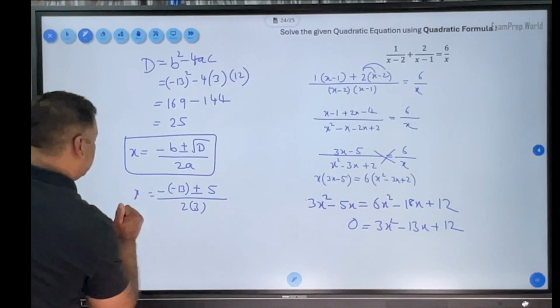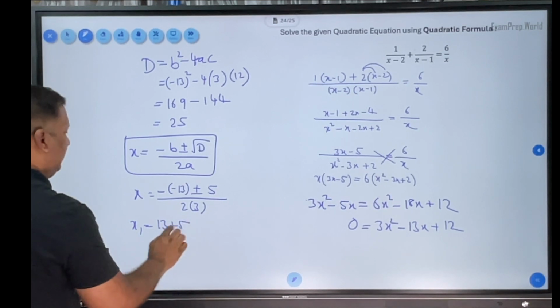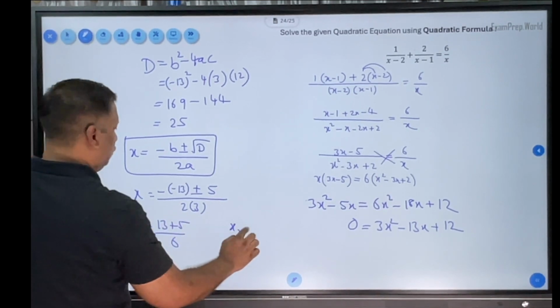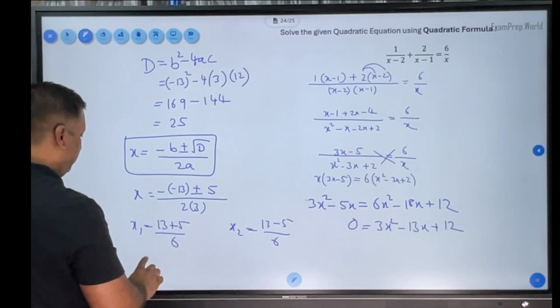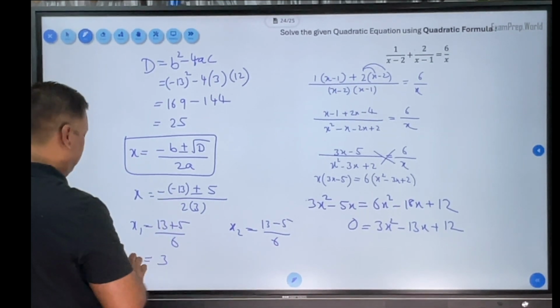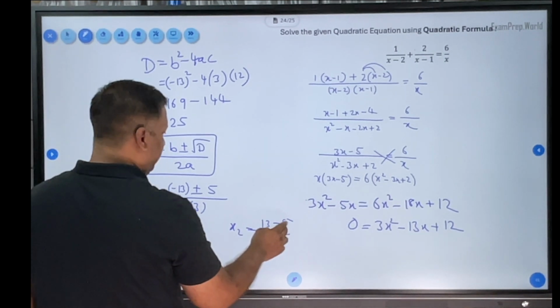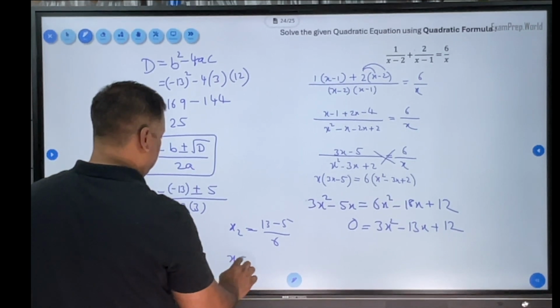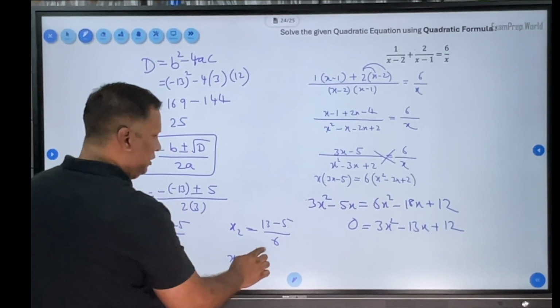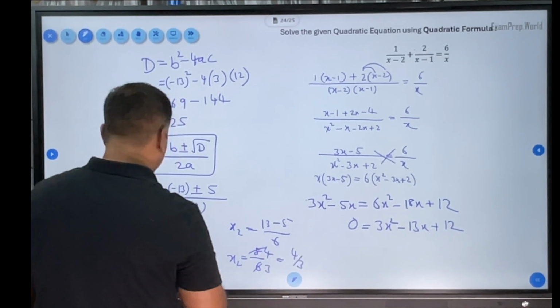So x1 will be (13 plus 5) by 6 and x2 will be (13 minus 5) by 6. So 13 plus 5 is 18, 18 by 6 is 3, and 13 minus 5 is 8, 8 by 6, simplify, 2 four times, 2 three times, it is 4 upon 3. So these are our values.